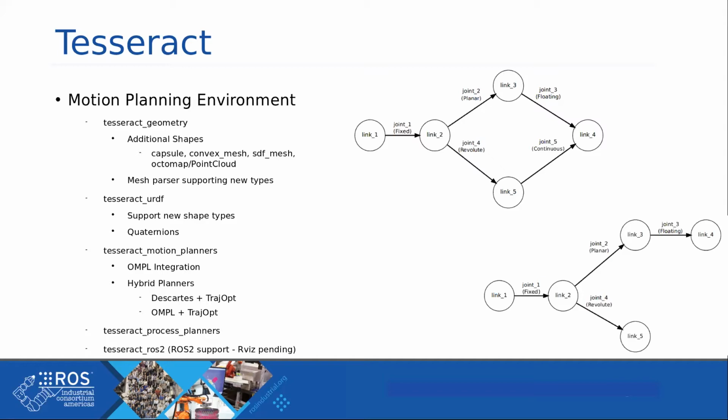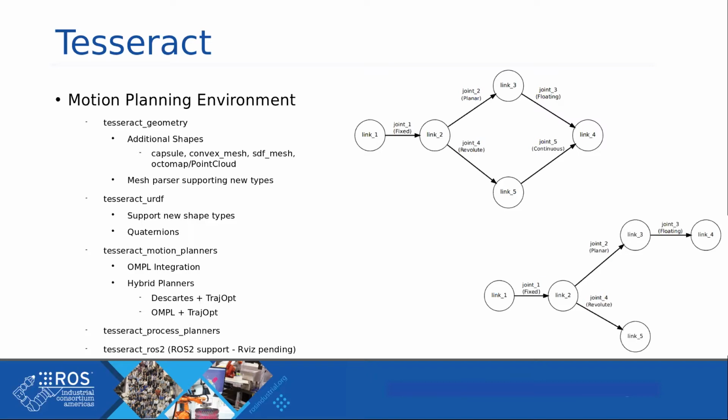We also have mesh parsers for parsing into these different types of shapes to control the convexity of each of them. And to support these new shapes, we've created a new URDF parser that not only supports these new shapes, but also has the ability to define quaternions for the rotational components of your origin.